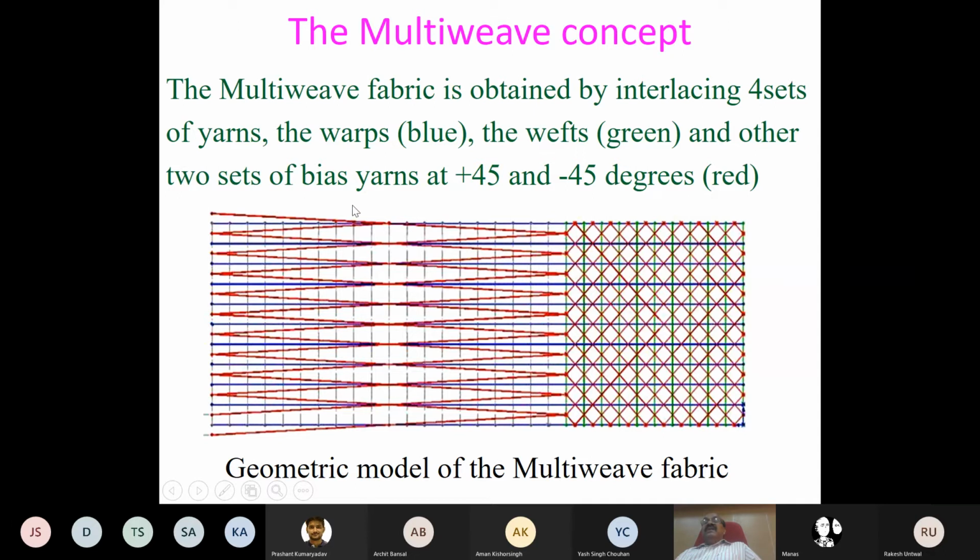Red warps at 45° to central axis are called bias yarn or bias warp, and the blue one is called straight warp, and green is weft yarn. And this is how weaving is taking place. We'll discuss how weaving takes place, but this is how the structure is formed after weaving. Okay, now let us see how this weaving is taking place.